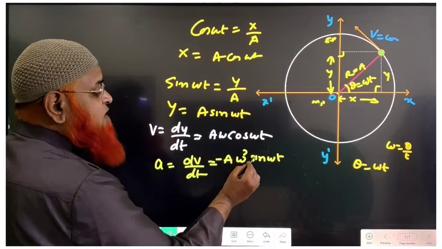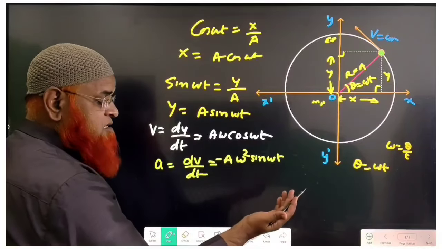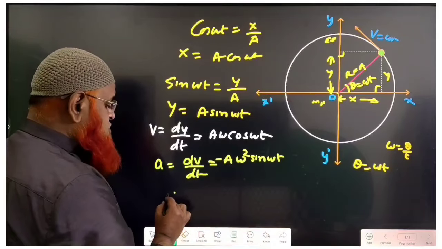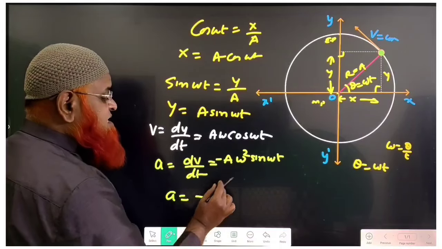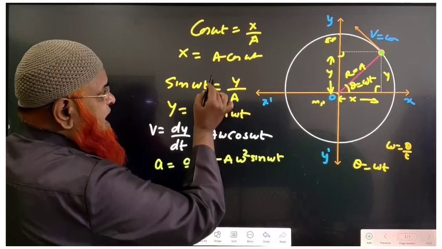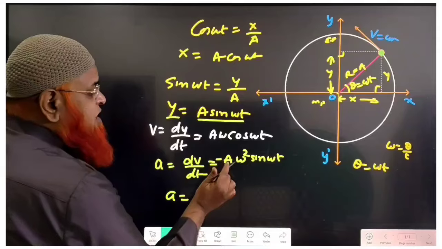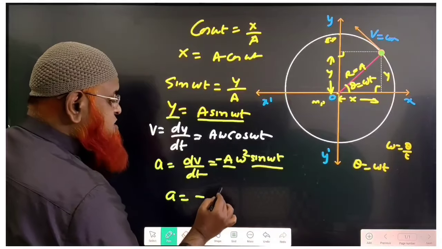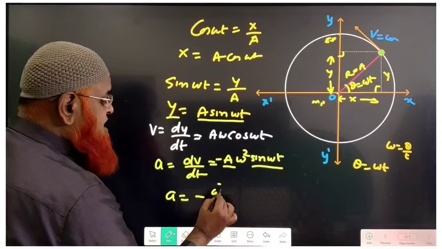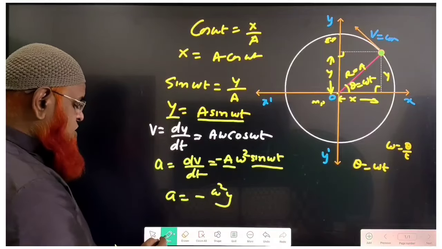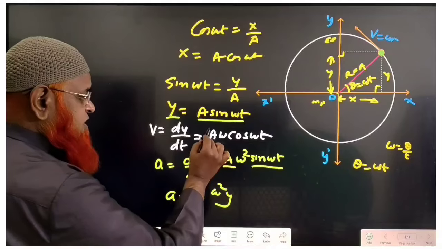So one more omega, if you multiply here, gives omega square here. Okay. So therefore, acceleration is equal to minus omega square, and here A sine omega t is taken as y. So acceleration is minus omega square into y.